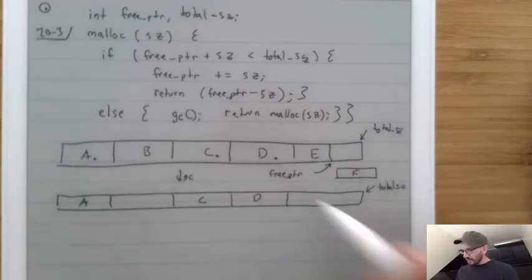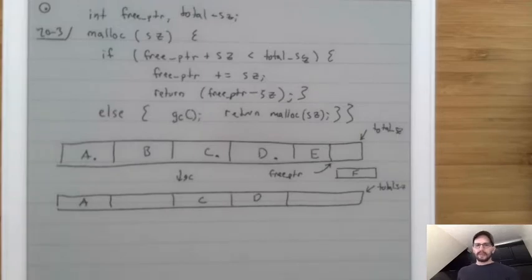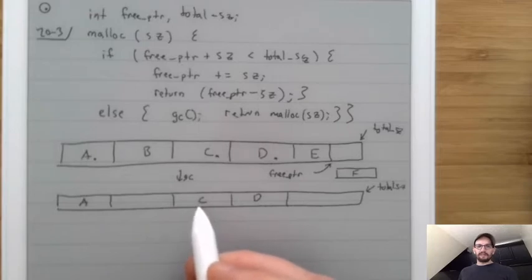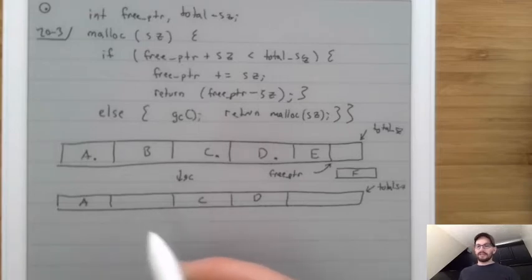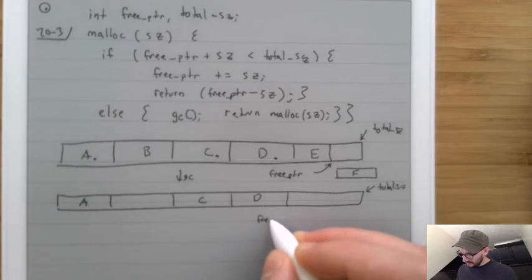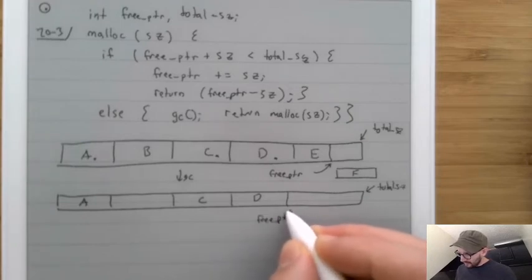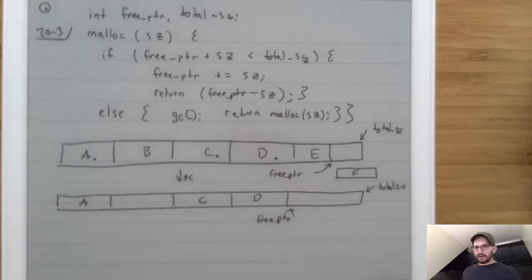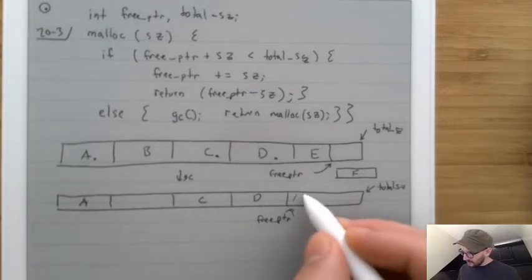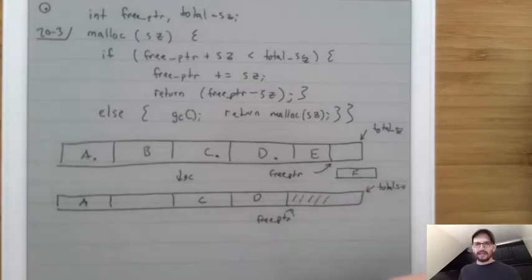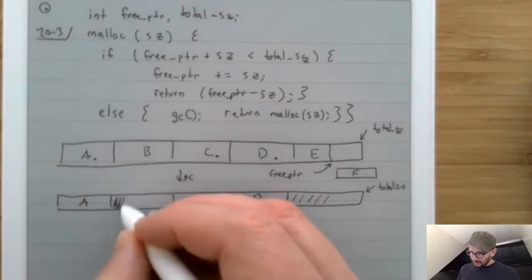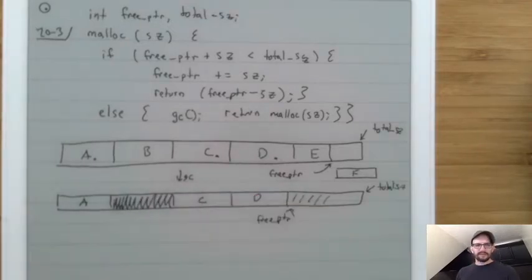But the question is, what should the free pointer point to? If it points to right here, then that means that we could give up the space for C. So we can't point it there. We have to point it right here. And because we have to point it right there, that means that we reclaimed this space right here that used to be part of E. But this space is permanently gone and we can never use it, because we'll never know if that region is needed or not.